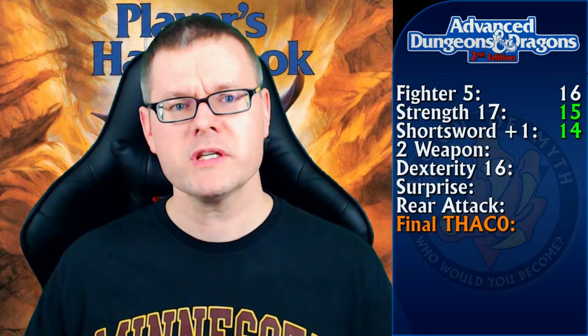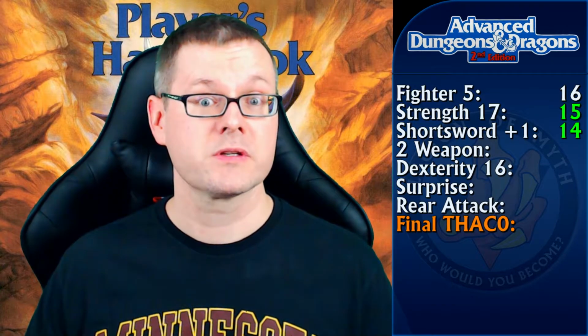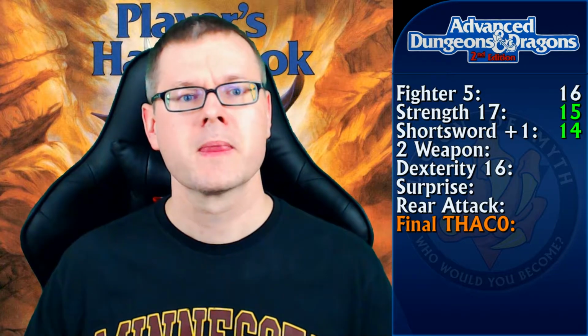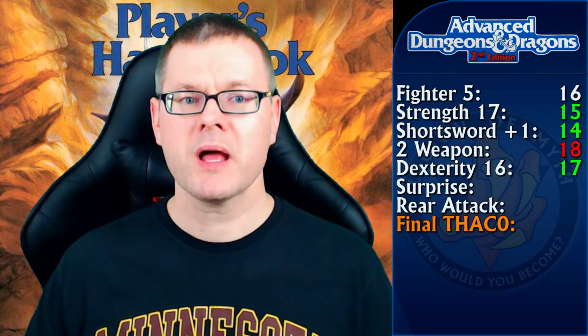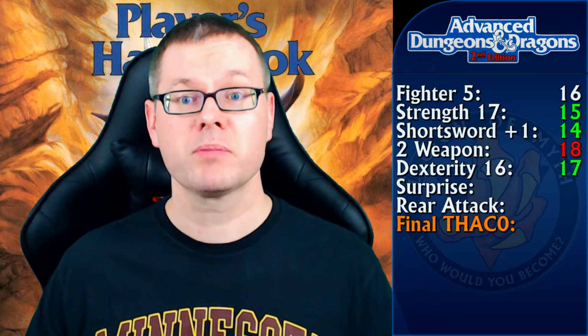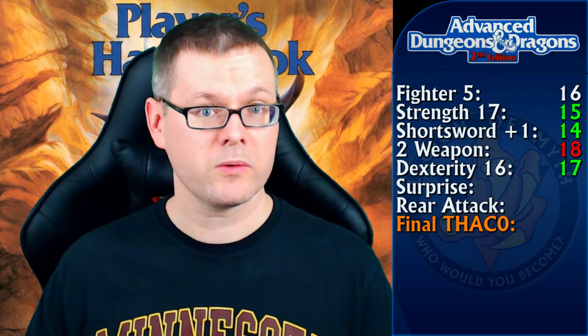Next, we see she's using a short sword +1, for which she is proficient, so the THAC0 lowers to 14. The 2-weapon fighting style penalty for the offhand attack is -4. But, as before, she applies her reaction adjustment bonus of +1 for a final calculated penalty of -3 to the attack roll.